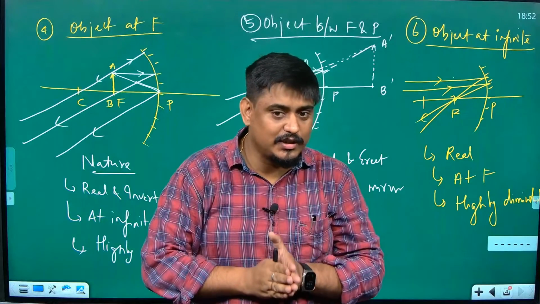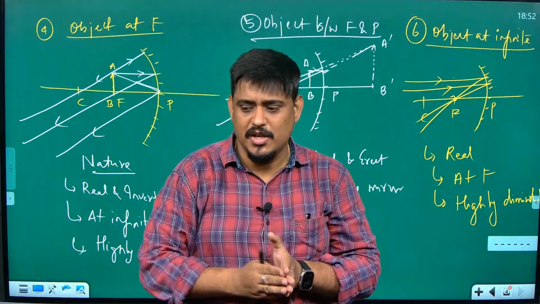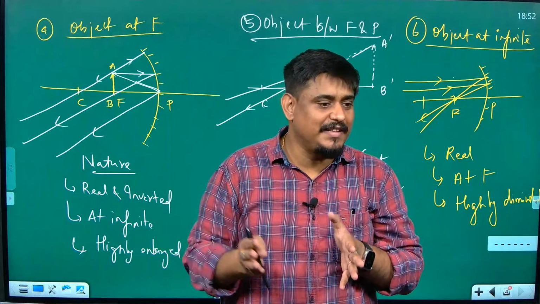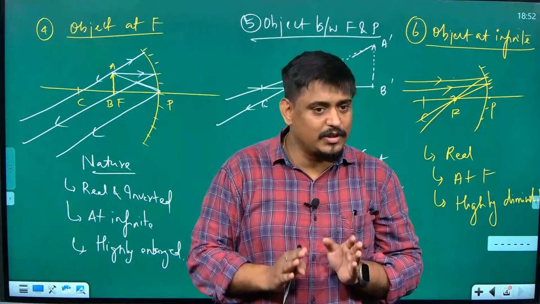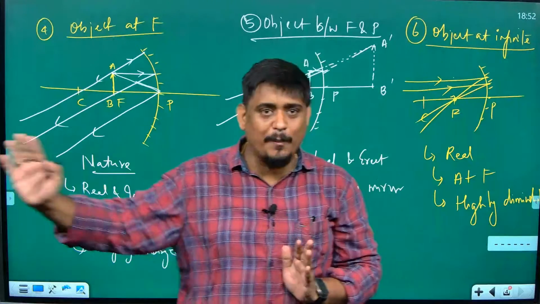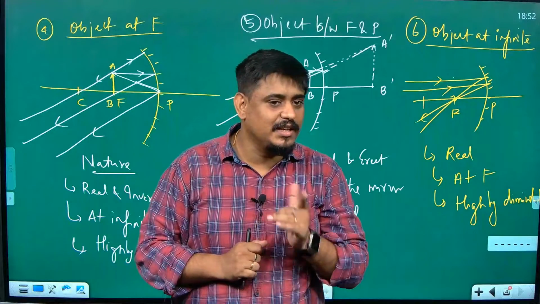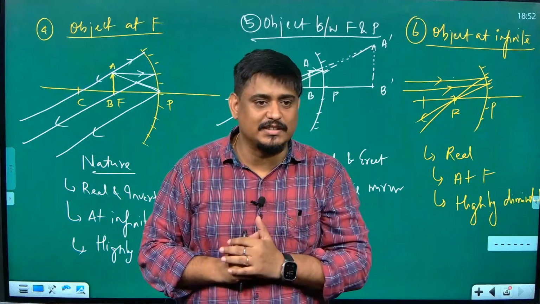Real, inverted, highly diminished. Object comes beyond C, image comes between C and F. Real, inverted, diminished. Object comes at C, image comes at C. Real, inverted, same size.